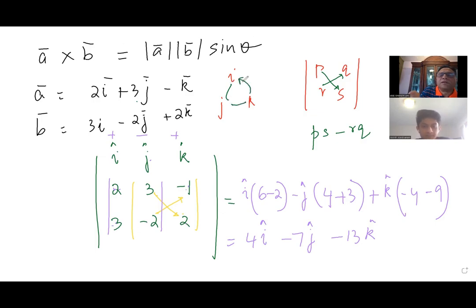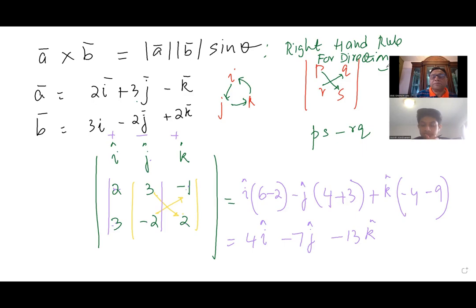So that is how we move, and we apply the right hand rule to find the direction. Is that all clear to you? Yes, sir. This is the basic of a cross product.